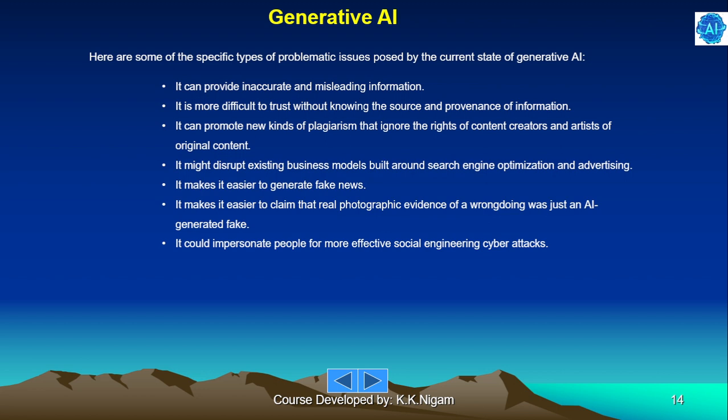It might disrupt existing business models built around search engine optimization and advertising. It makes it easier to generate fake news. It makes it easier to claim that real photographic evidence of a wrongdoing was just an AI-generated fake. It could impersonate people for more effective social engineering cyber attacks.